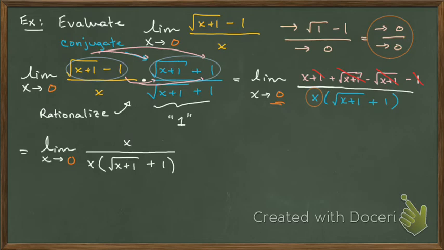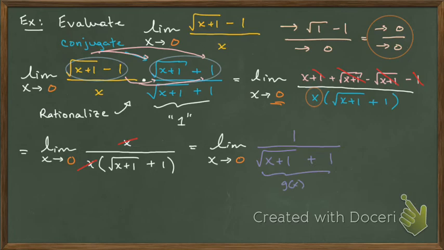I want you to note here, if you try to direct substitute at this step, you're going to get exactly what you had before, that 0 over 0. If you direct substitute before any cancellations are made, you don't get anything new. So I've got to destroy those x's, leaving me with a 1 in the numerator, and I've written it in purple because that's my new function, my g of x.